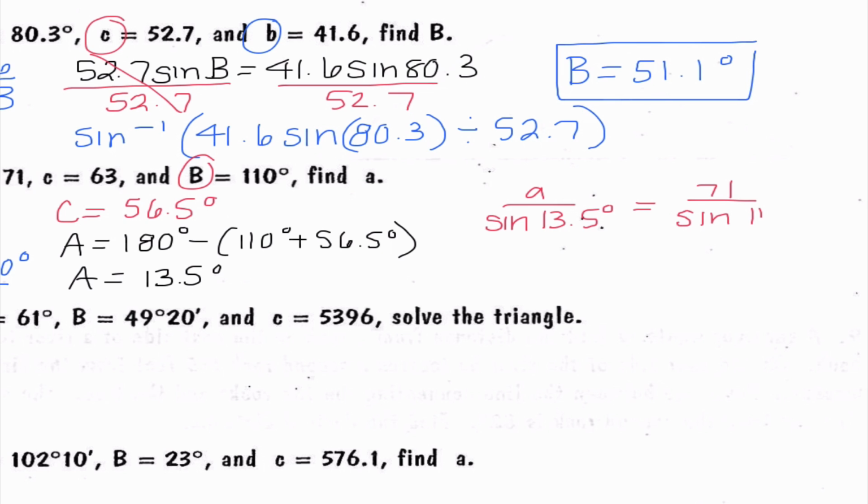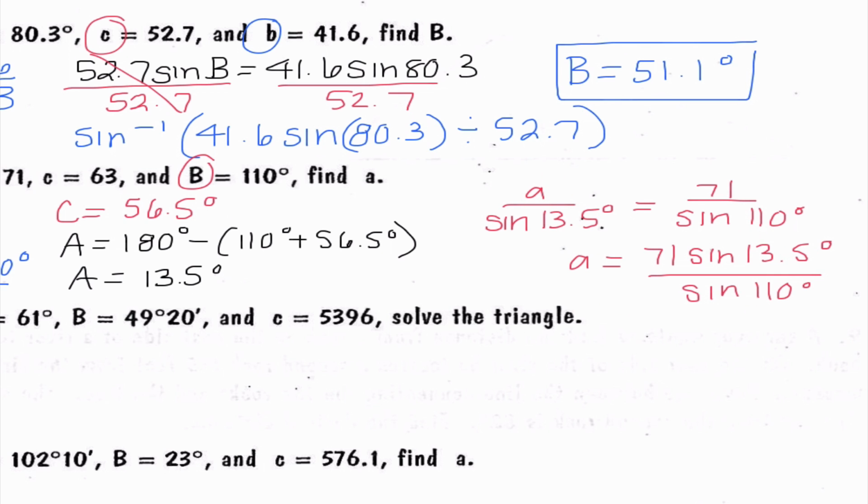I'm going to say 71 over the sine of 110. When I cross multiply and divide, I get 71 times the sine of 13.5 degrees divided by the sine of 110. Okay, so I did 2 things at once. I cross multiplied and then I divided by sine of 110 because I wanted A to be by itself.